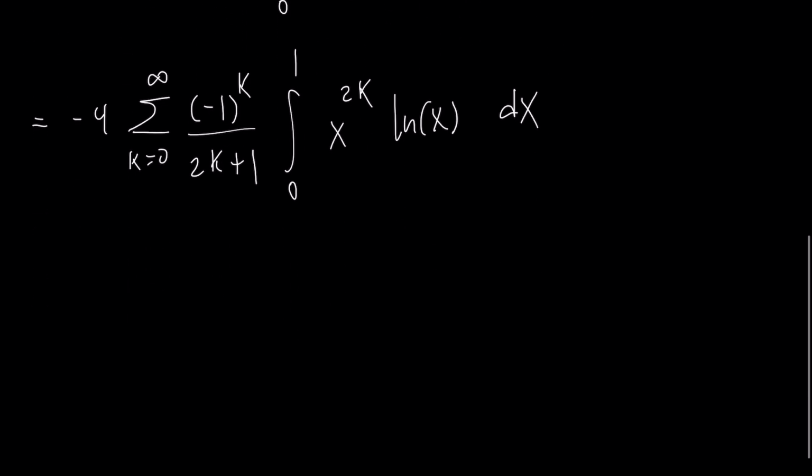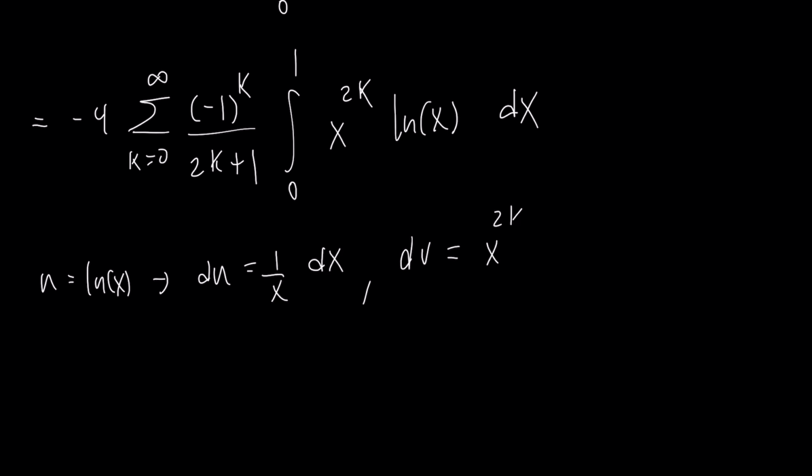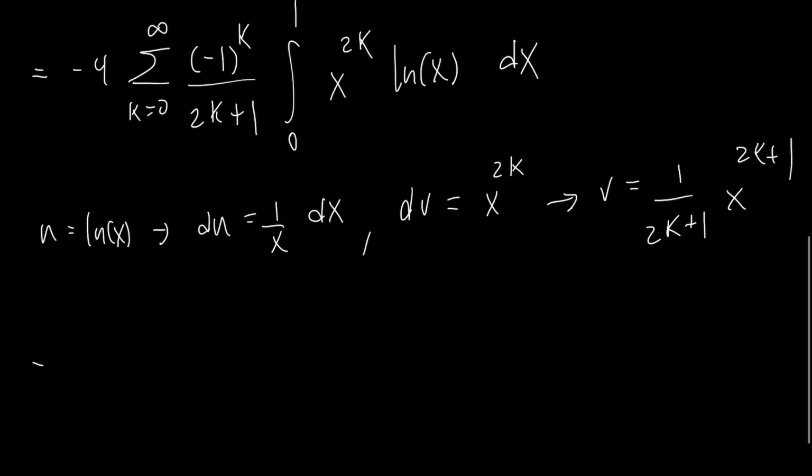And to solve this integral, we'll use integration by parts again. So we'll let u equal the natural log of x, which means that du equals 1 over x dx. We'll let dv equal x^(2k), so that v equals 1 over 2k+1 times x^(2k+1). So we're going to have -4 the sum from 0 to infinity, (-1)^k divided by 2k+1.